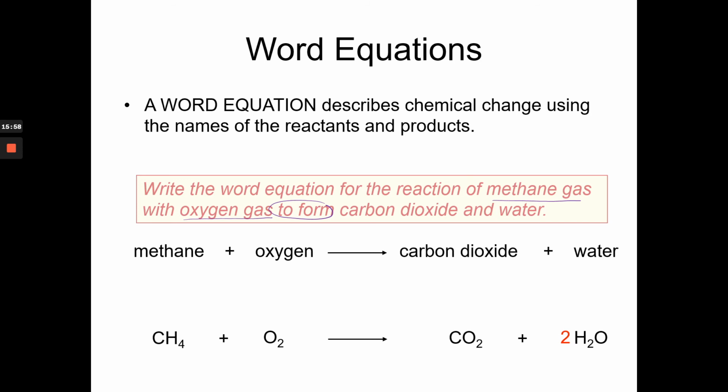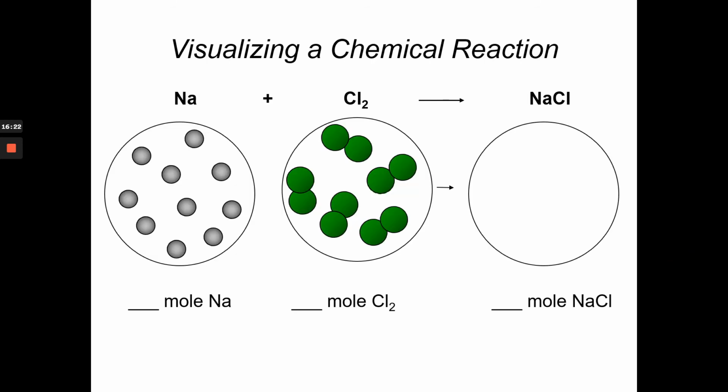And I've only got 2 on the reactant side, so I need a coefficient 2 there. At that point, we have a balanced chemical equation. Okay? All right. So you can now see the difference between a word equation and a chemical equation where we use the symbols. And generally, the symbolic representation will be more useful for us.